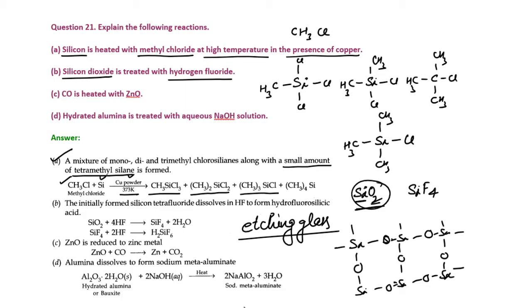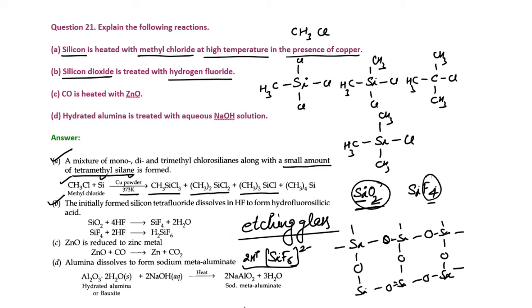Oxygen is divalent and fluorine is monovalent, so instead of 2 oxygen, we attach 4 fluorine. So SiF4 is formed, and this silicon tetrafluoride dissolves in HF, and we get H2SiF6, because SiF6 is 2-, so 2 H plus ions. Therefore, H2SiF6 is formed.